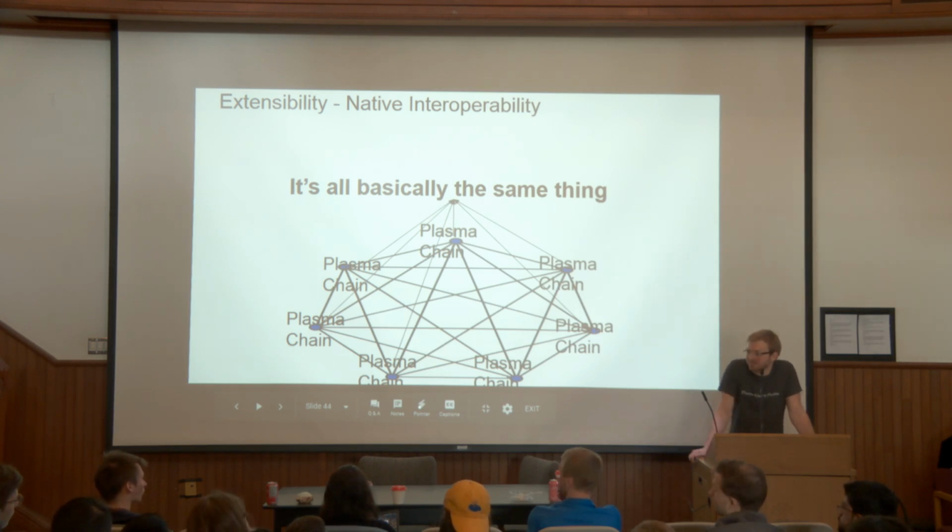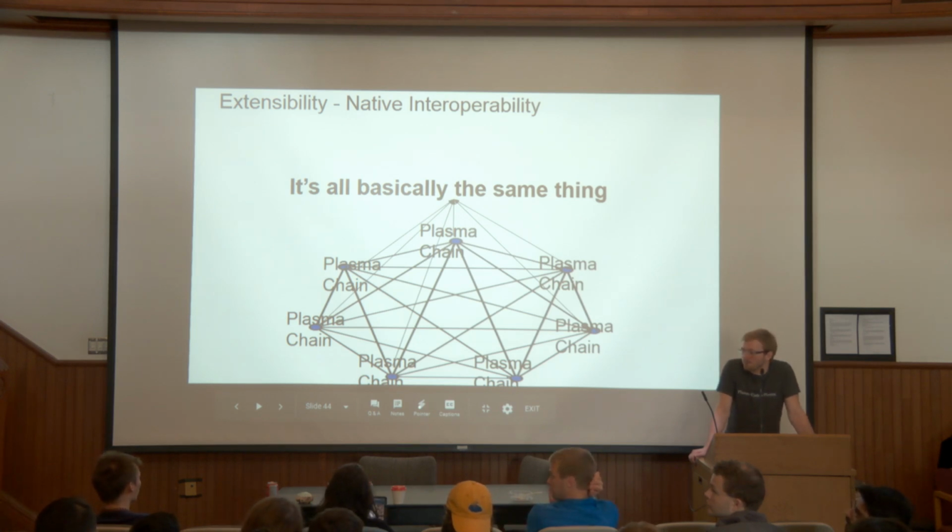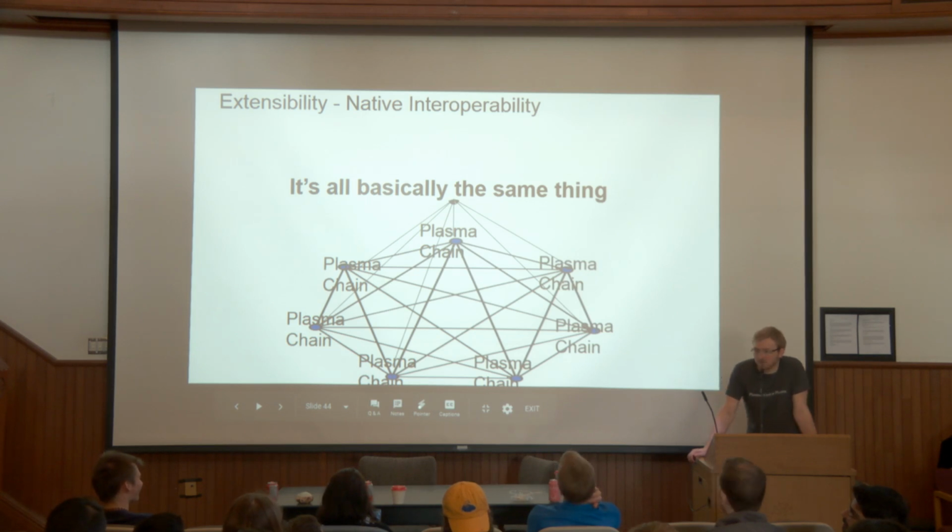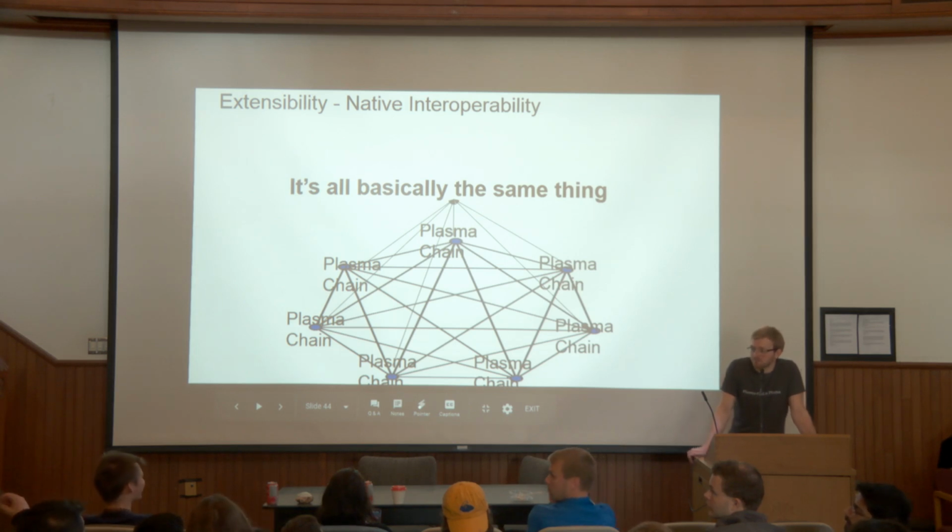Yeah. So if you're combining two predicates from different chains with constructions, how do I know that the predicate from chain A is actually as secure as mine, and that I'm not buying into a trap? Right.